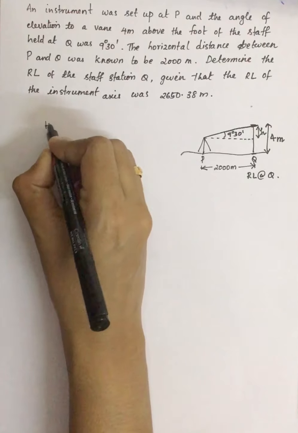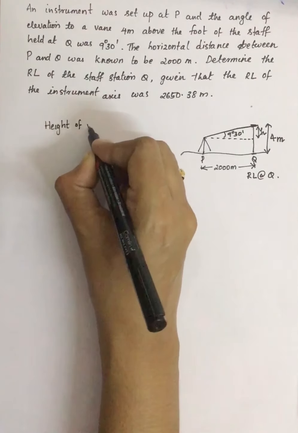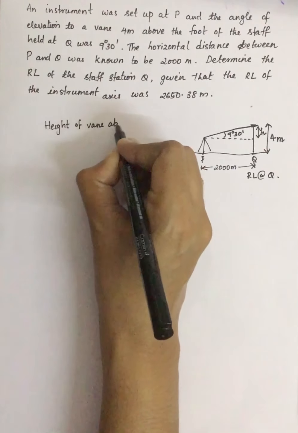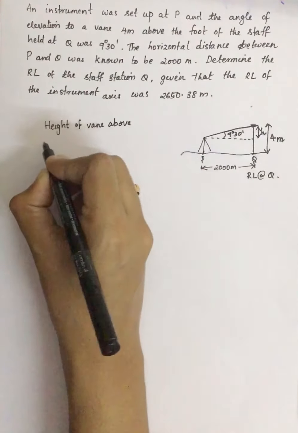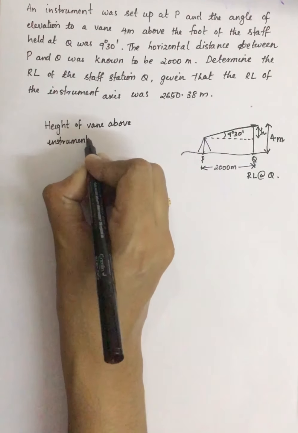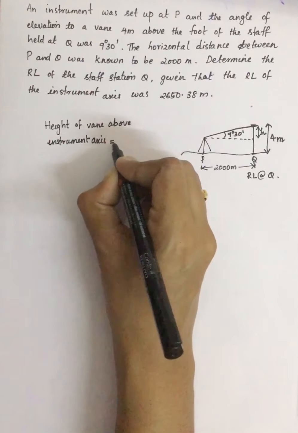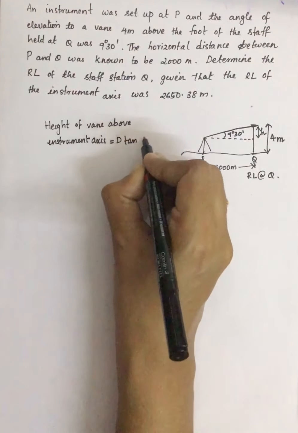So the first step is to calculate the height of vane above instrument axis, which is equal to d tan alpha.